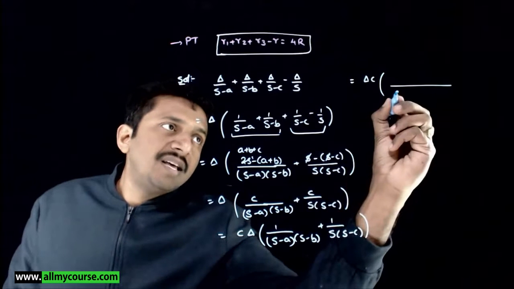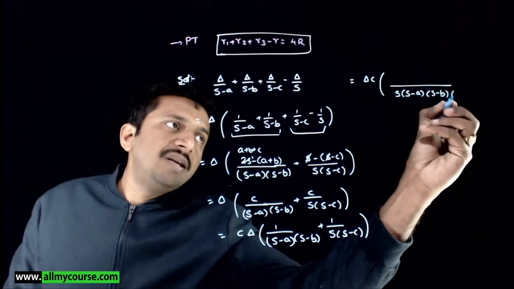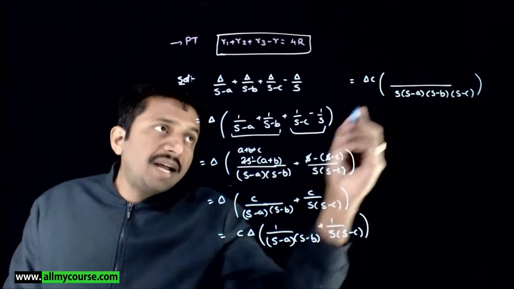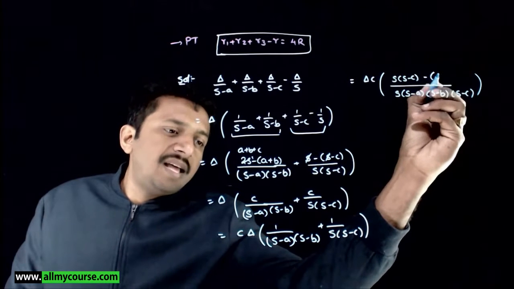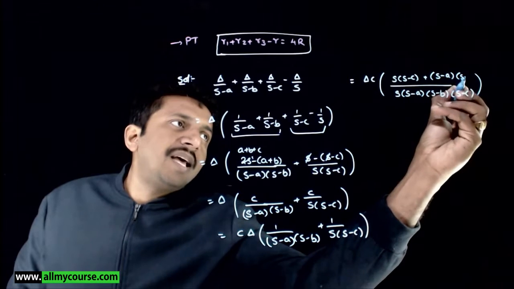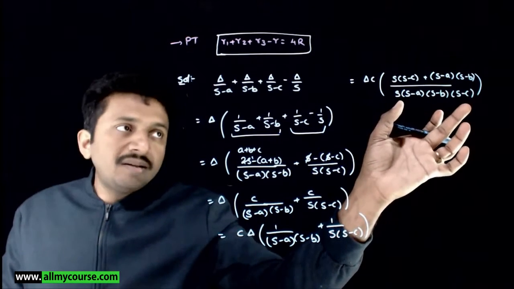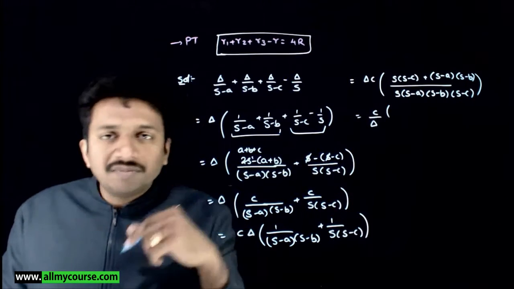The LCM is S into S minus A into S minus B into S minus C. And if you take the LCM, you get S times S minus C plus S minus A times S minus B. So the denominator is delta square, right? The denominator is delta square. You get C by delta times.